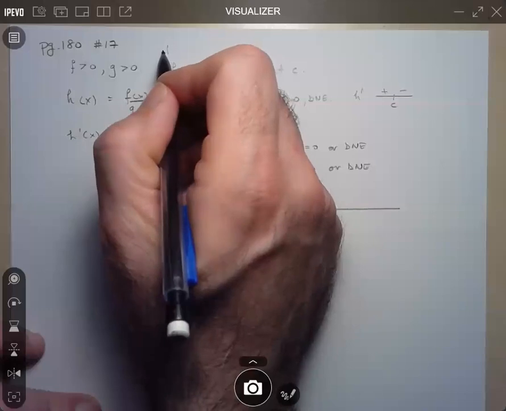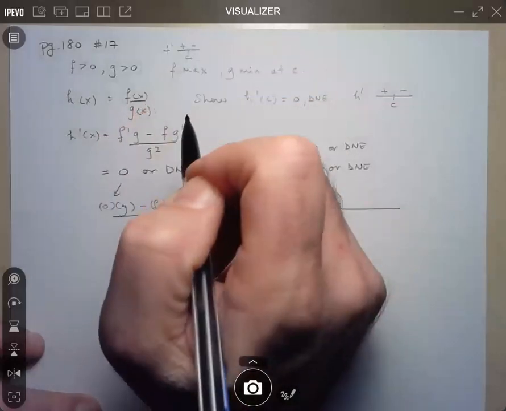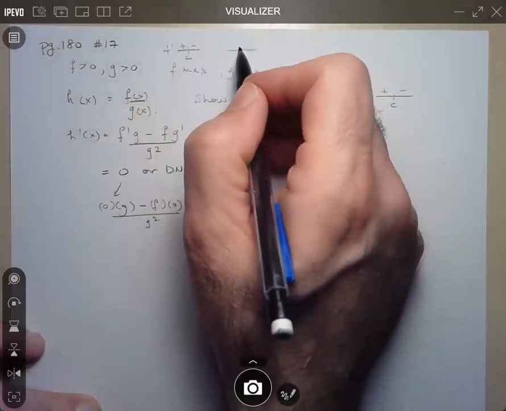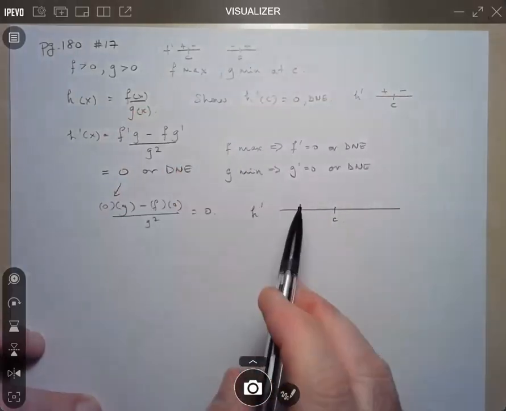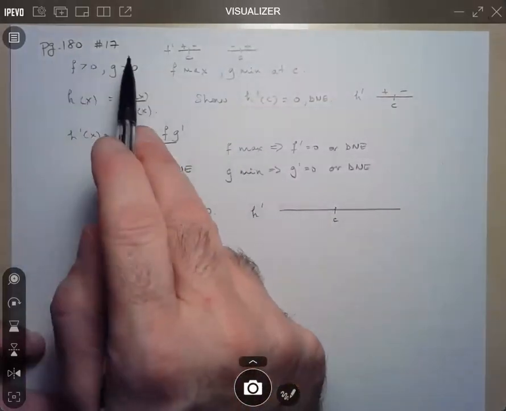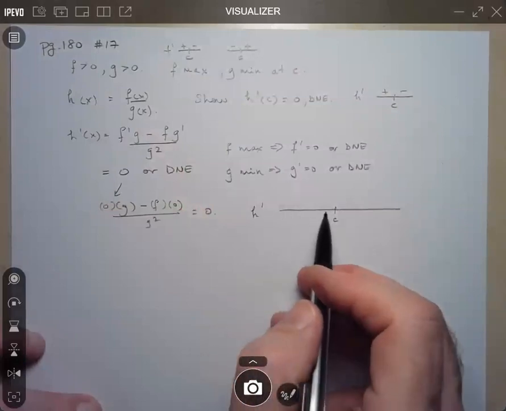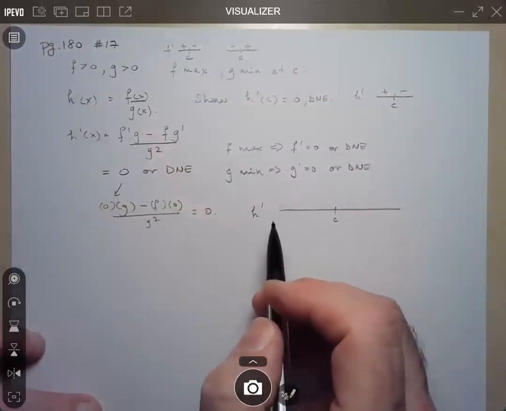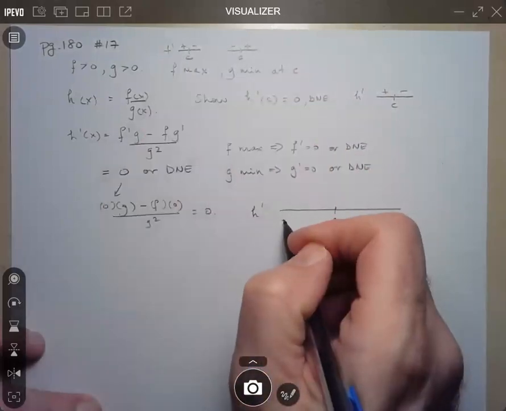So if f has a max, that means f prime at c goes from positive to negative. And since g has a min at c, it goes from negative to positive. And I'm going to use this information along with the fact that f and g are both positive to determine the sign of the derivative to the left of c. So to the left of c, f prime is positive.